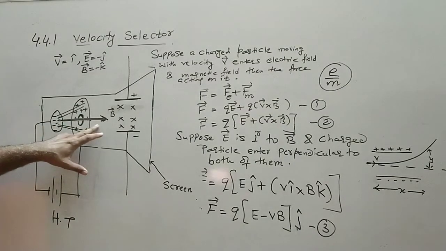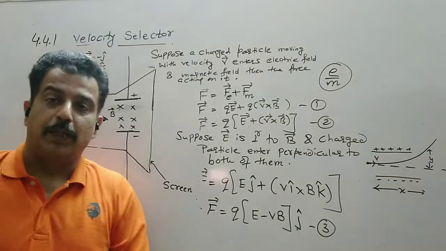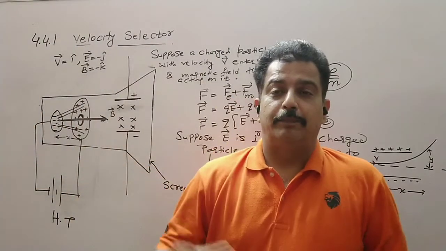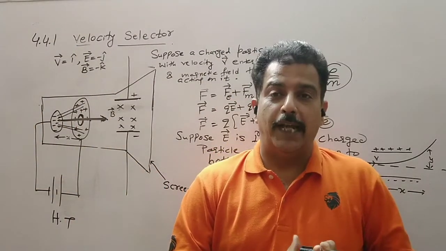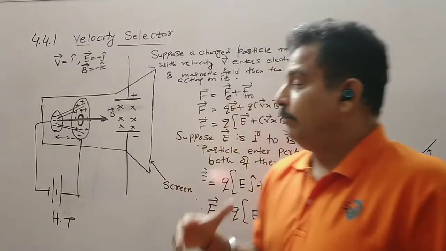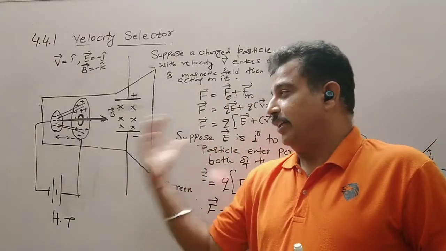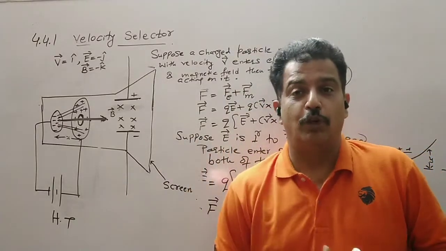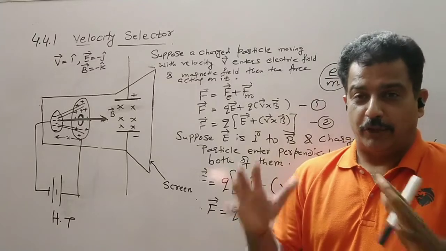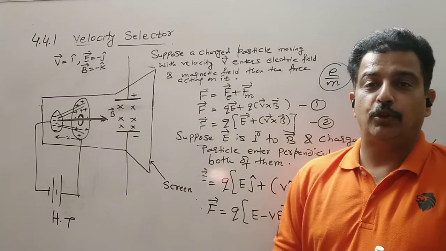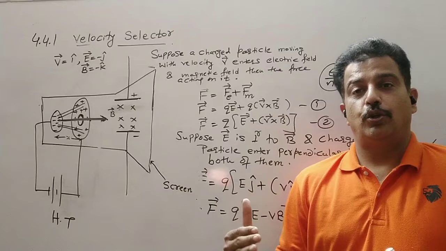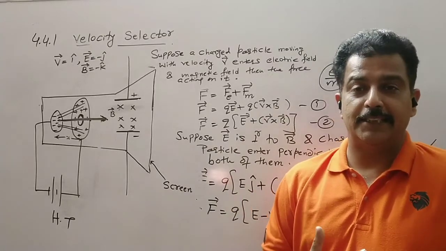Here we are taking an example where the beam of electrons is moving along the x-axis, because after this experiment the mass of the electron was also determined. For the time being we are trying to determine the ratio of charge to mass, that is, e/m.